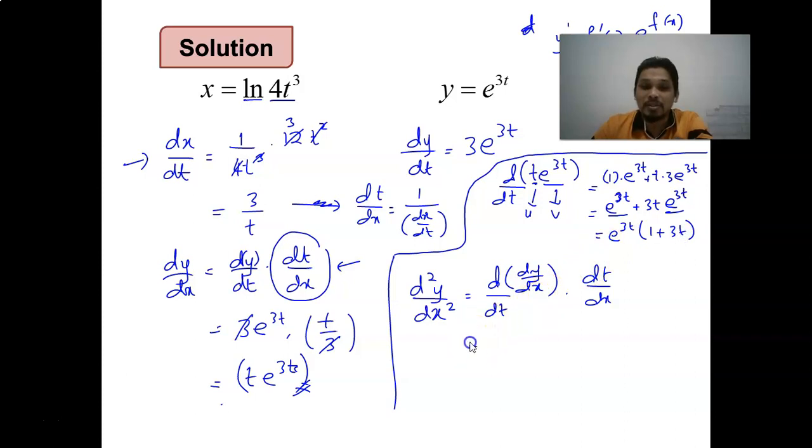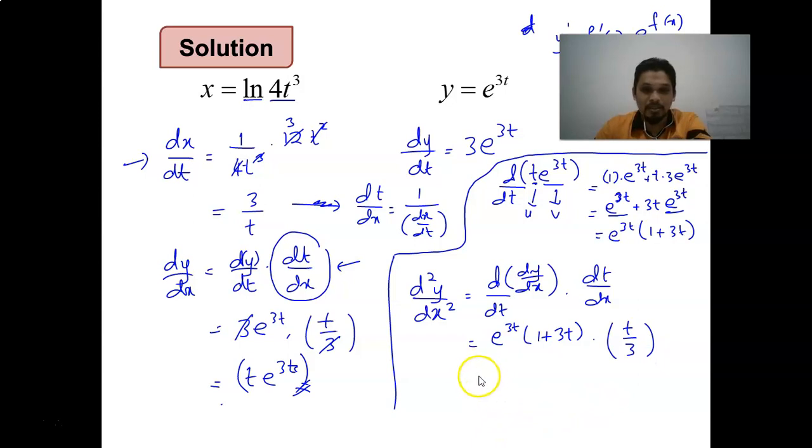So the result of this is e to the power of 3t (1 plus 3t), and for dt/dx, we got dx/dt here, so dt/dx equals t divided by 3.